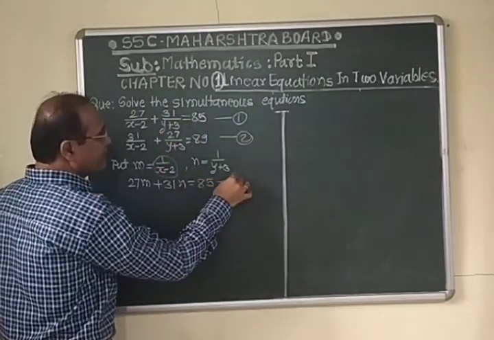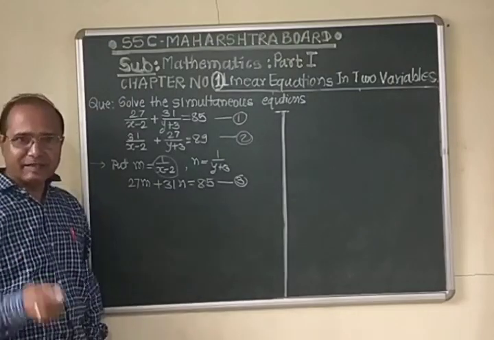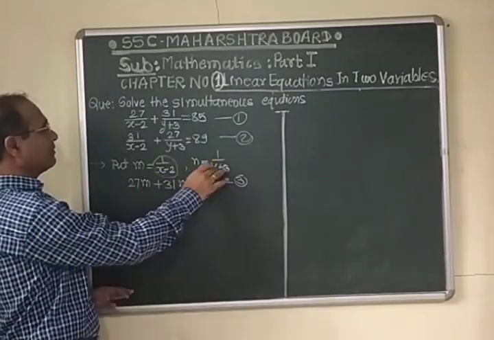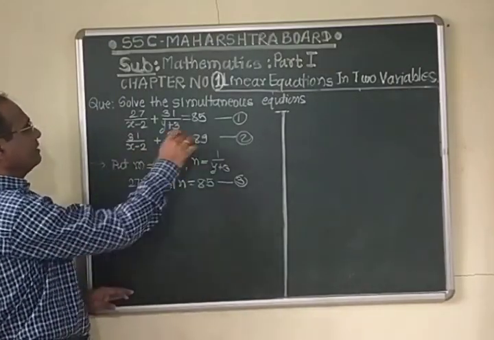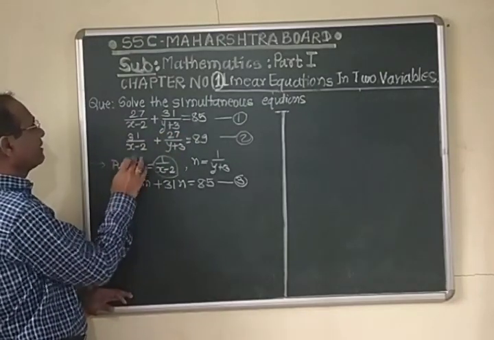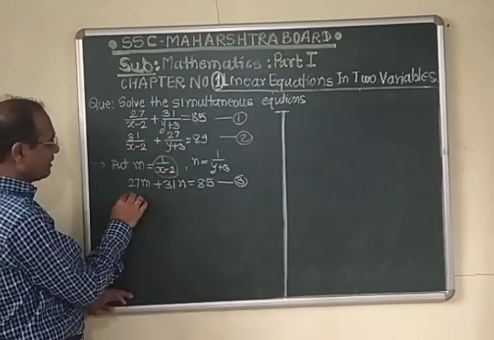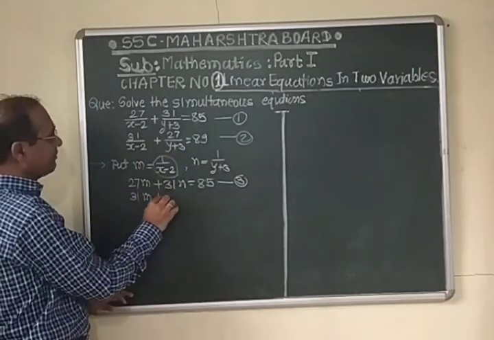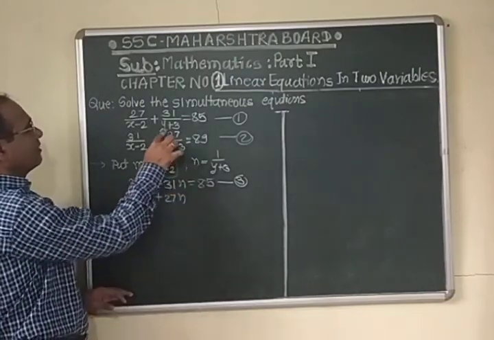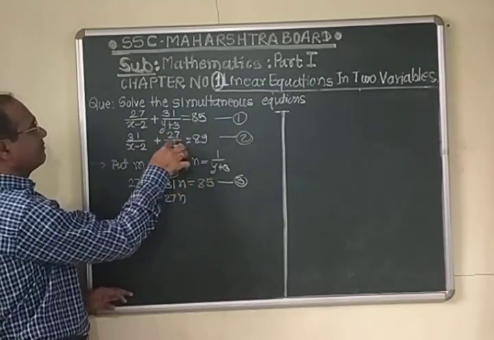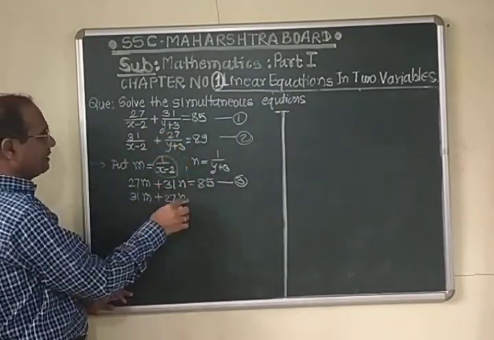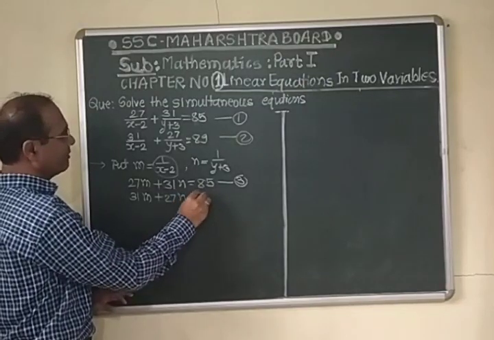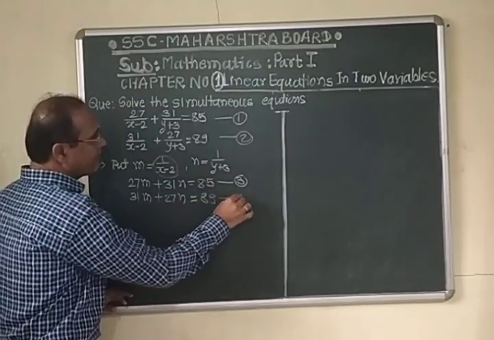Call this equation 3. In the same manner, substitute in the second equation: 31 upon x minus 2 is 31m, and similarly 27n, because 1 upon y plus 3 is n, equal to 89. This is equation 4.